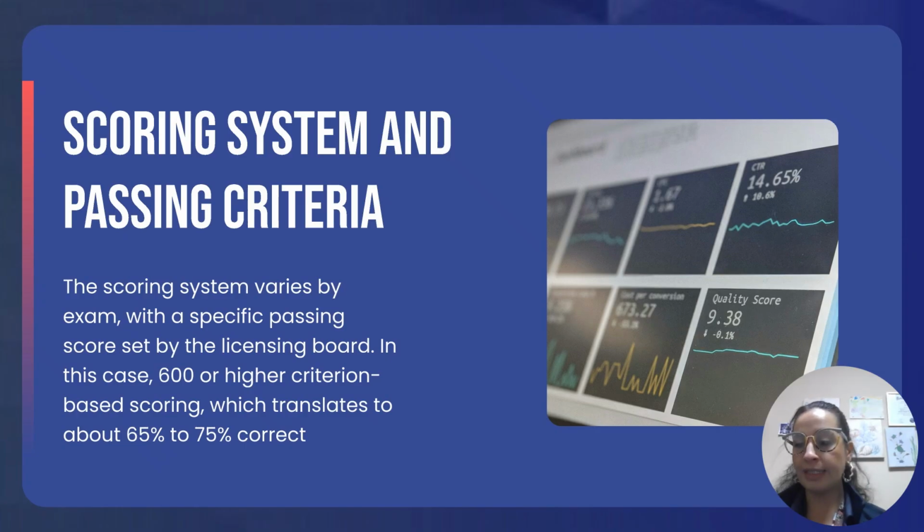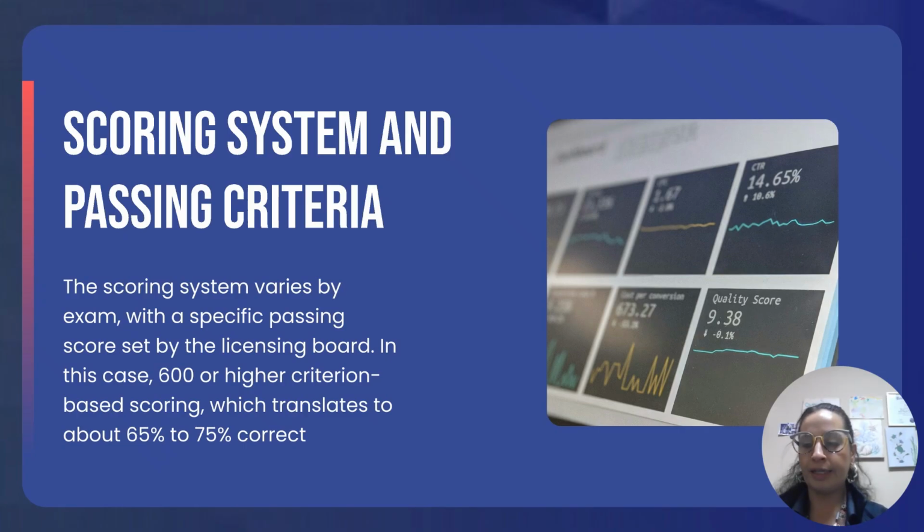If you have an exam that has lots of easy questions, you'll need to get more right to add up to 600. If you have a harder exam that has lots of harder questions, then you'll need to get less right because they're worth more. So you don't need to get as many of them right. So that's why there's no way to tell you exactly how much you need to get right, okay?